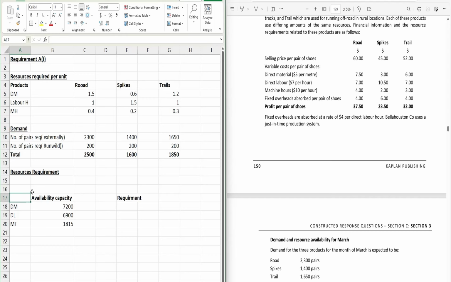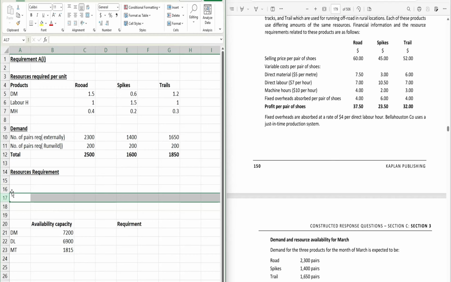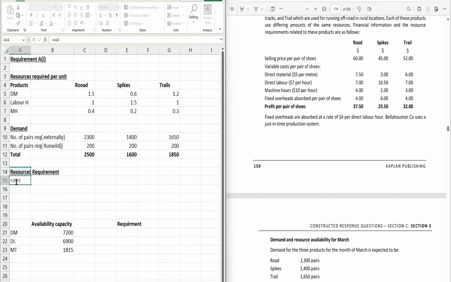So now let's calculate how much resources we need to fulfill our total demand. This one is the product, copy, paste. Yeah, this is our product, and the name is the road spikes.